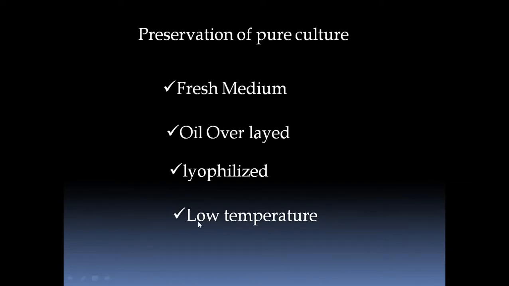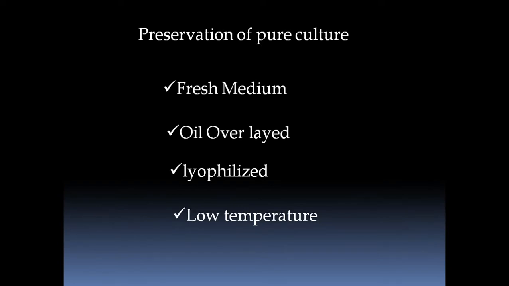How it is done is, before adding a cell suspension into liquid nitrogen, we will be adding a cryoprotectant, right? Cryoprotectant agent. What is a cryoprotectant? These are the agents which will help. The examples are glycerol. These are the actual agents which won't allow your cell to get damaged.